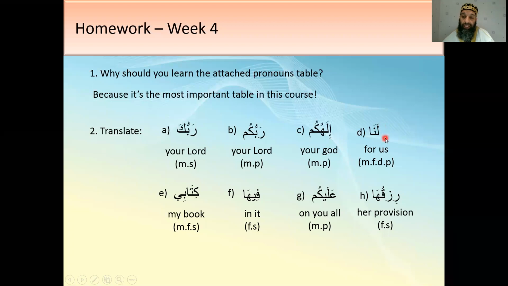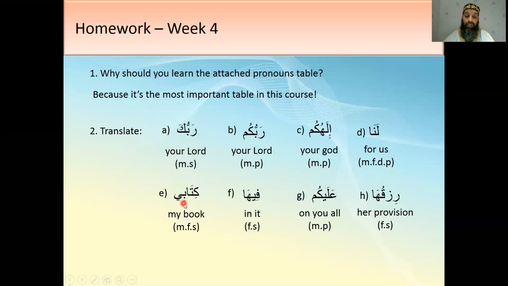D, la. La means for. When it attaches onto a noun, the lam has a kasra, and it means for, the lam of belonging. Lana means for us. Na means us, la means for. Lana, for us.